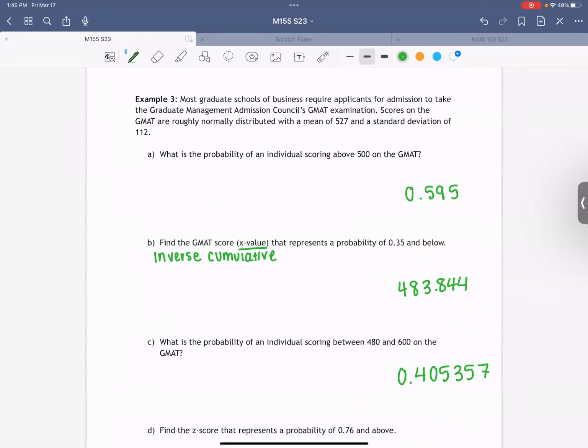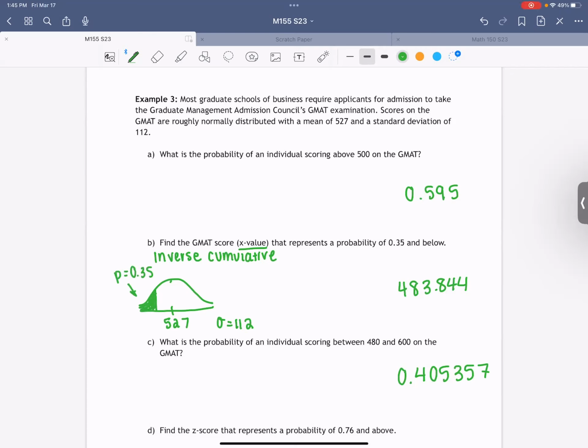And if it's an x value, that means I'm dealing with a mean of 527 and a standard deviation of 112. I want 0.35 and below, which if I were to draw that, is a smaller probability and I'm shading to the left.